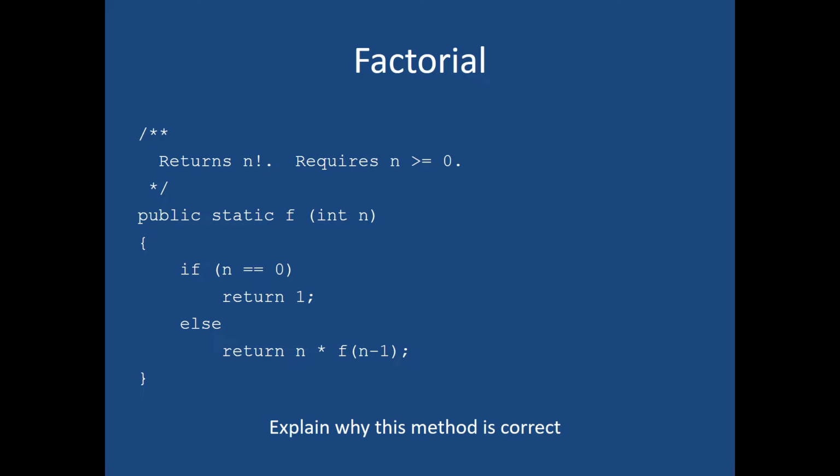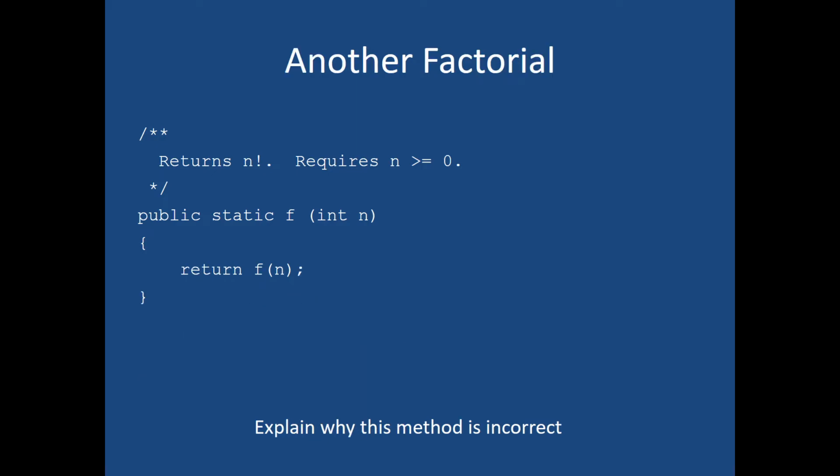Well, because it decrements by 1. Right. The point is, every time we call f recursively, it's with a smaller number. And that number eventually hits 0. And then that breaks the recursion. It stops the recursion. So usually you reason about partial correctness separately from reasoning about total correctness.